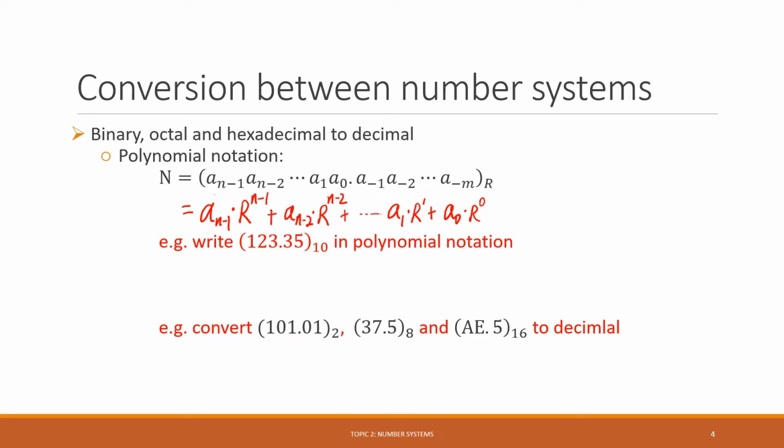Then after the radix point, we use a similar way, so we continue to write plus a_(-1) by r to the power of negative 1 plus a_(-2) by r to the power of negative 2, until we reach the LSB, which is a_(-m) by r to the power of negative m.